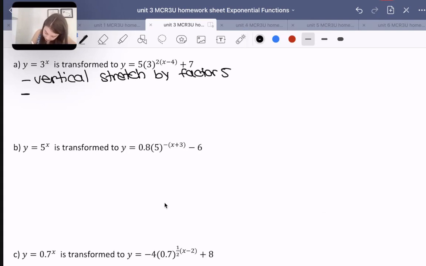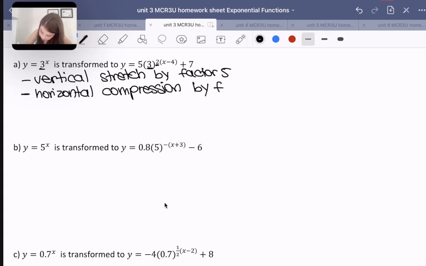The second thing you might notice is the 3. The 3 is part of the original function, it's the base, so this doesn't actually transform it any. This is just a repetition from our parent function. Then we have 2 as our k value, and that means that we're going to do a horizontal compression by factor 1/2.